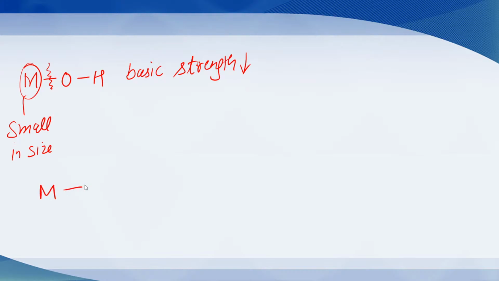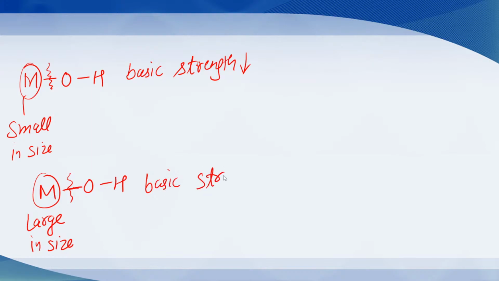But if the metal attached to OH is large in size, this bond is almost ionic and therefore it is easier to break, and therefore its basic strength increases. That is the reason.